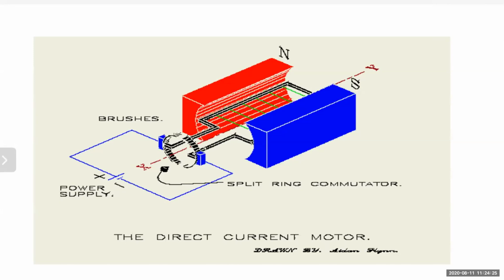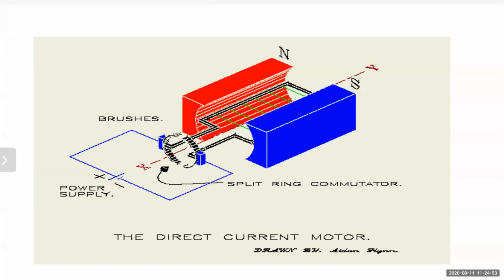Now the strong magnet. What is the function of the strong magnet? It provides a strong magnetic field. Write that down. Now what is the function of the split rings?